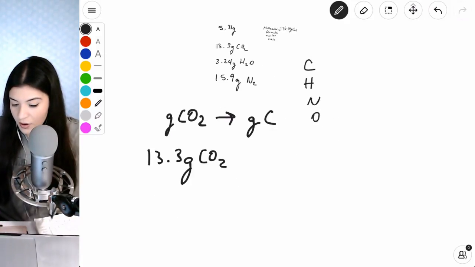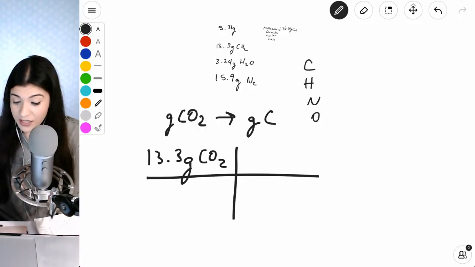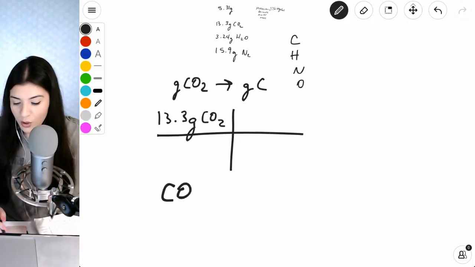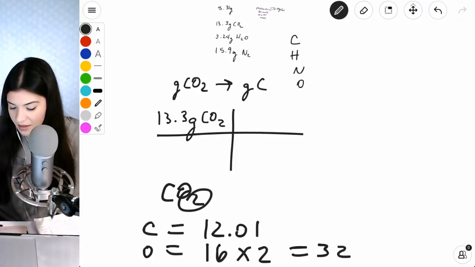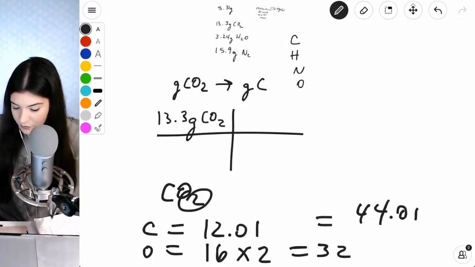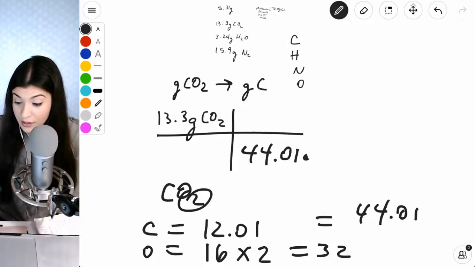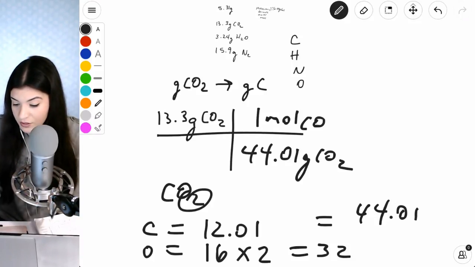So we would find the molar mass of CO2: carbon is 12.01, oxygen is 16 times that 2 subscript, which gives us 32, and this entirely gives us 44.01. So 44.01 grams of CO2 goes on the bottom per 1 mole of CO2 on top.